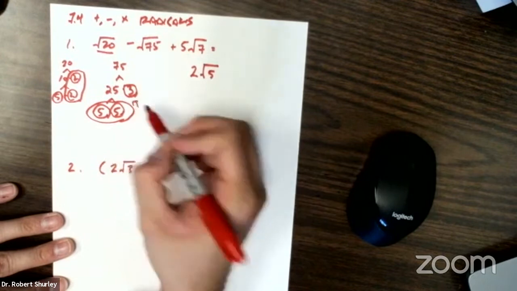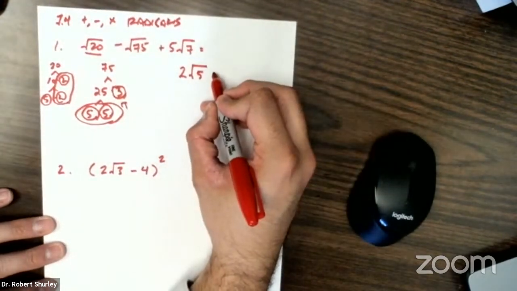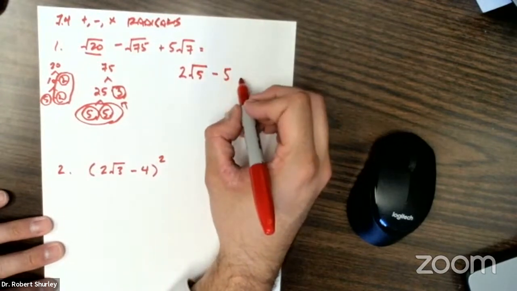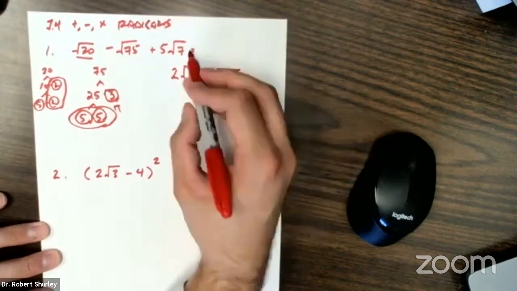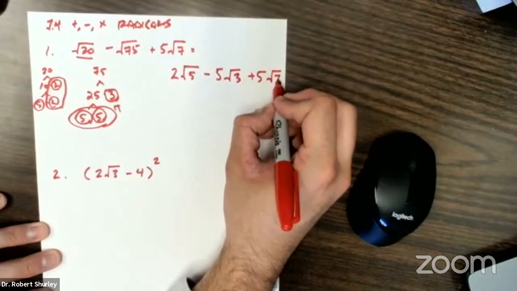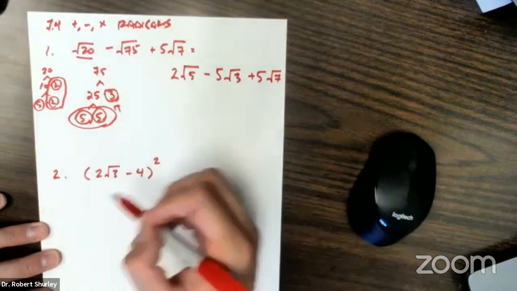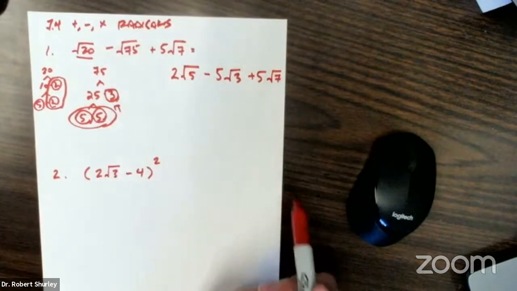Now I have to leave that 3 underneath there. So it's going to be minus 5 square root of 3. Now the 7 is a prime number, I can't simplify it. So plus 5 square root of 7. Oh, they got tricky with this one, didn't they? I'm going to have to do another one. Actually, I think the next one kind of covers it. Can I add any of these together?